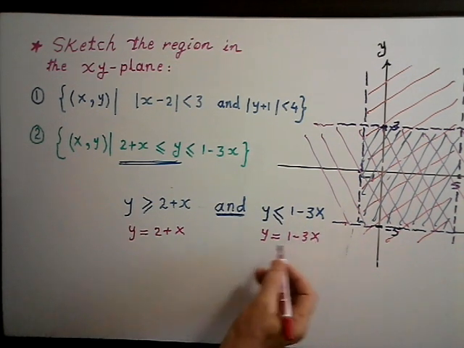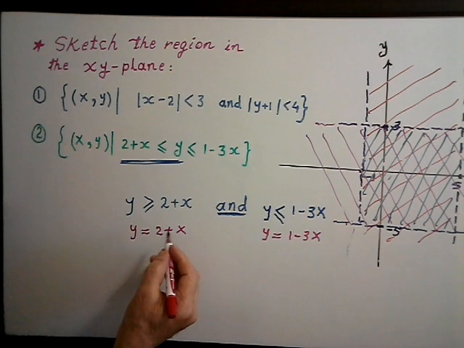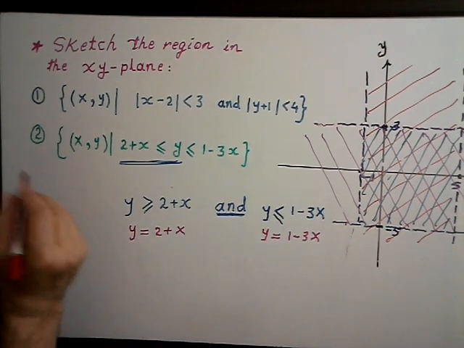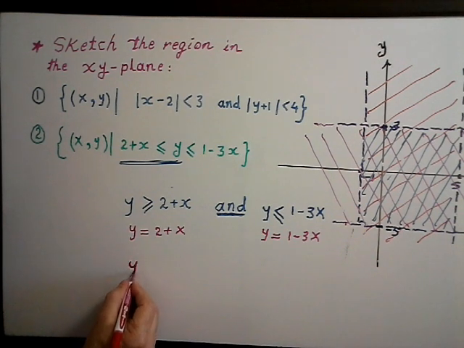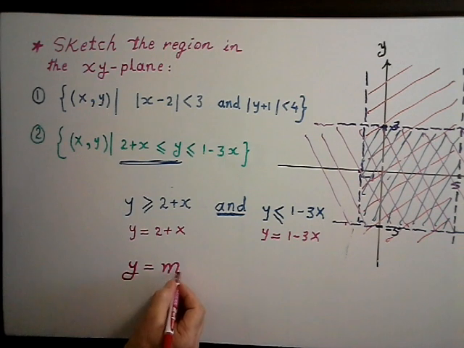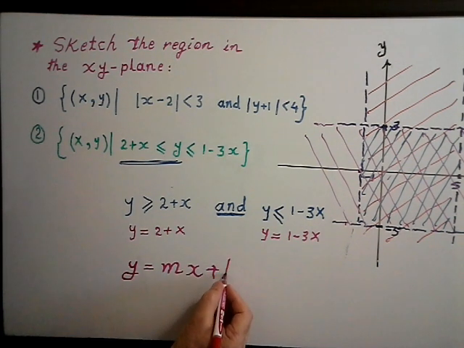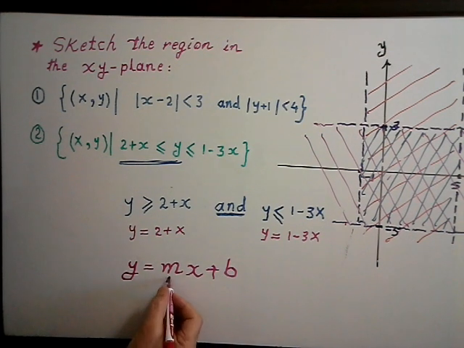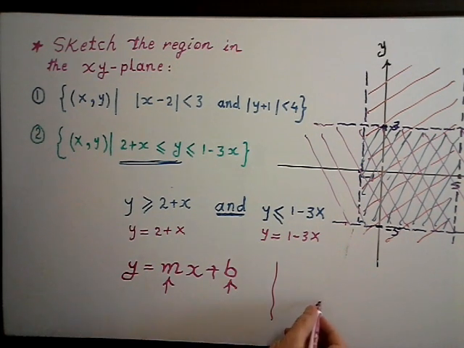So there are two lines. The first line, we can remember the form of the equation of a line, y is equal to mx plus b. m is the slope and b is the y-intercept, which can be represented this way.